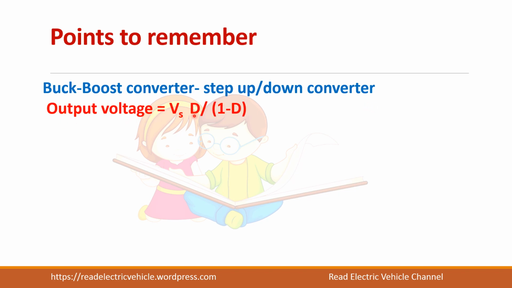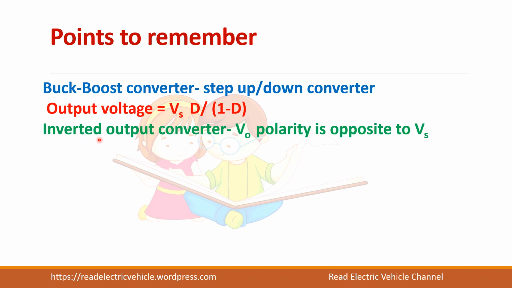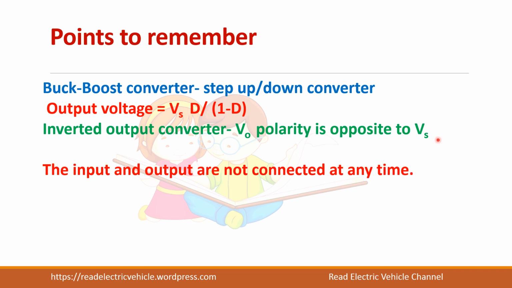Output voltage is given by D divided by 1 minus D into Vs, and it is called an inverted output converter because the output voltage polarity is opposite to that of the input voltage. And you have to observe one thing: the input and output are not connected at any time. That is, whether the switch is on or off, in both conditions input and output are not connected.